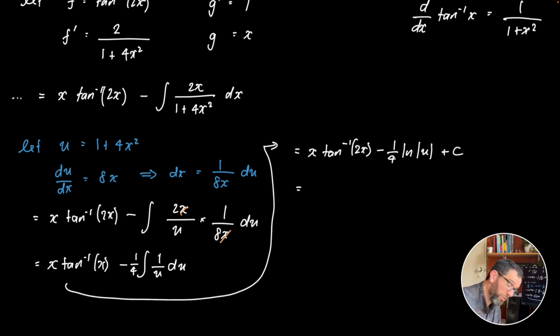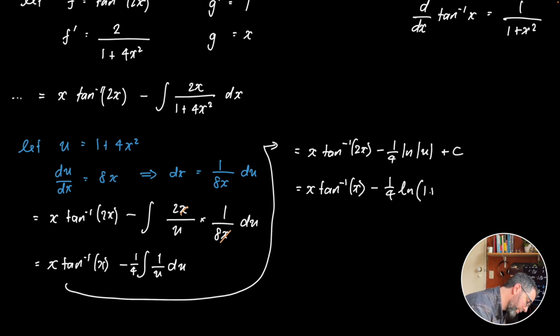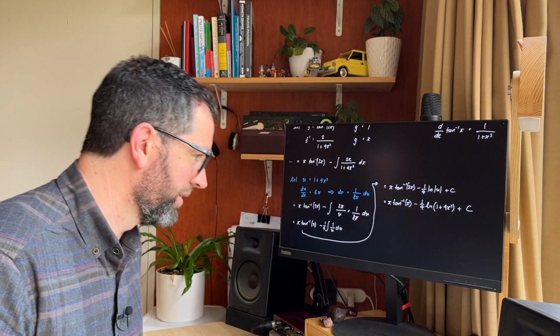To finish the problem off, we've done our substitution, we've integrated it, the integral of 1 over u is natural log, and then finally we just need to make sure it's all back in terms of x. It's going to be x tan inverse of 2x minus 1 quarter log the absolute value of u. Now u was 1 plus 4x squared, which is always positive, and so it's going to be log of 1 plus 4x squared plus c. And we're finished.